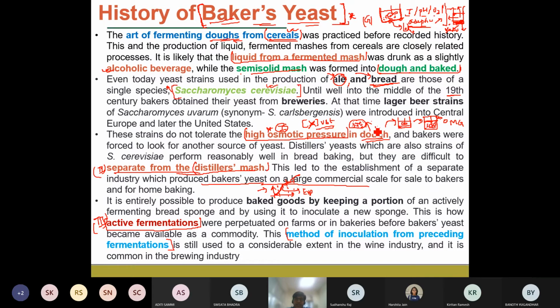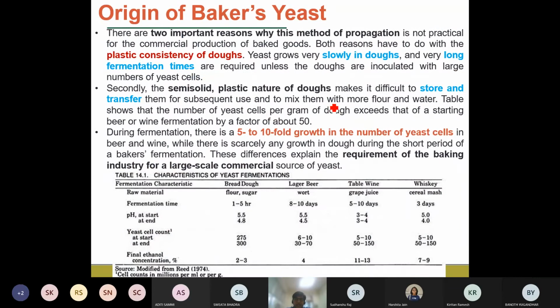So that semi-solid characteristic actually has a disadvantage. If you have looked at some doughs, or breads before the bread is baked, different components of cereals are added with the yeast, and generally it has a plastic-like consistency.